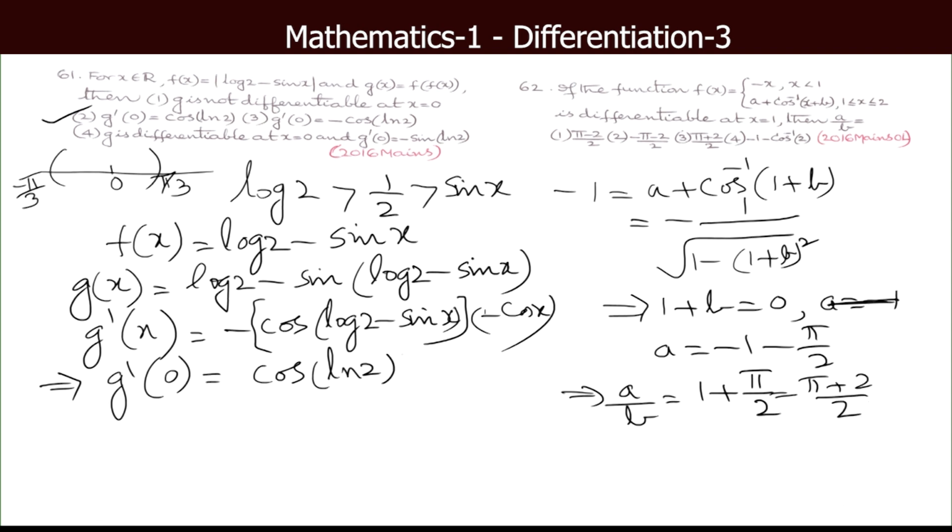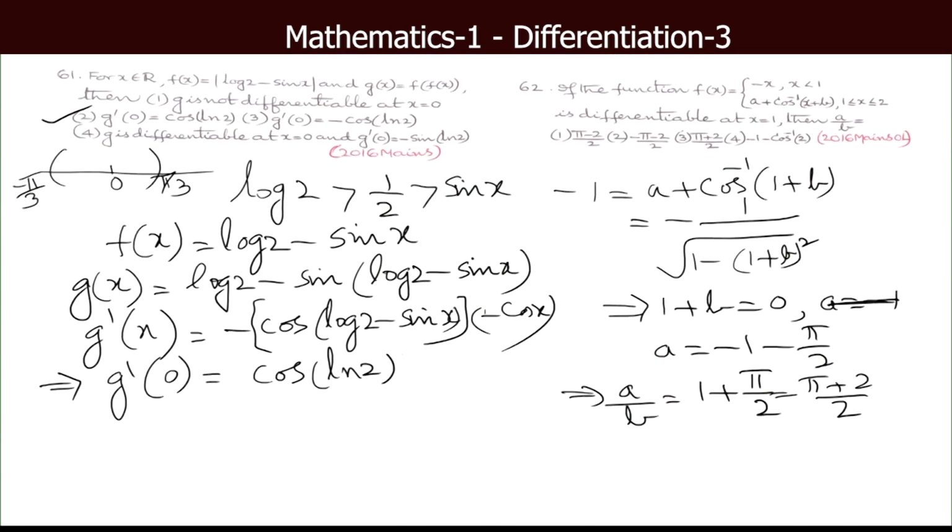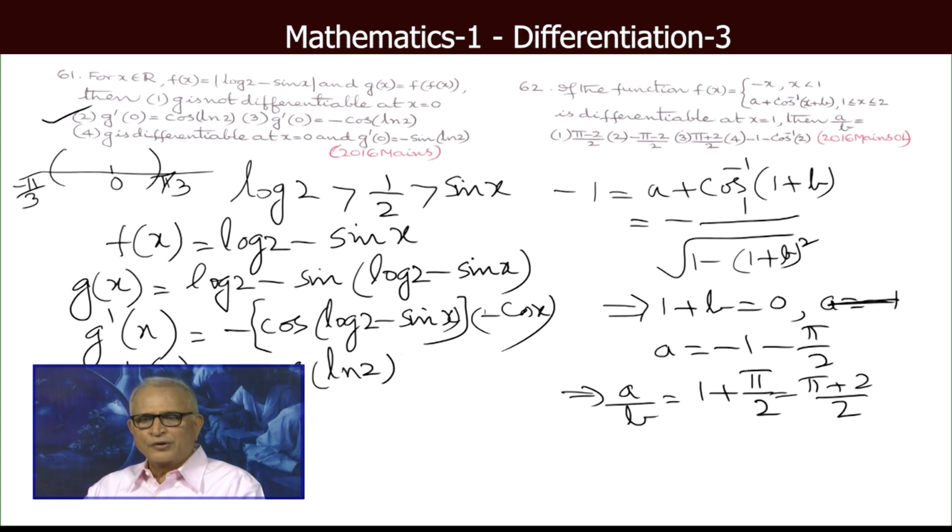Follow this. First of all, use the property of continuity. The left and the right limits of f at x equal to 1 must be equal. The left limit is minus 1. The right limit is the same as the value, which is a plus arc cosine of (1 plus b). And also the two-sided derivatives must be equal, because f is differentiable at x equal to 1.